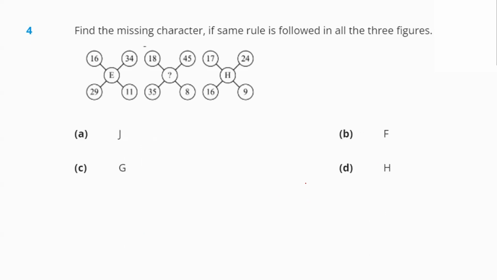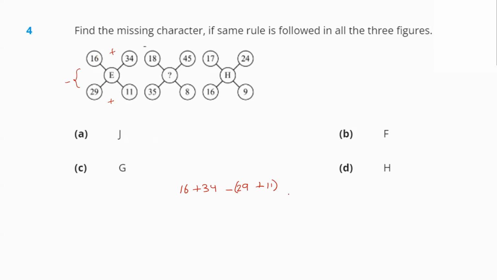Find the missing character if the same rule is followed in all the three figures. So we have to find if we do addition or subtraction in this. If we add these and then minus 10, let's see what comes. So 16 plus 34 minus 29 plus 11.